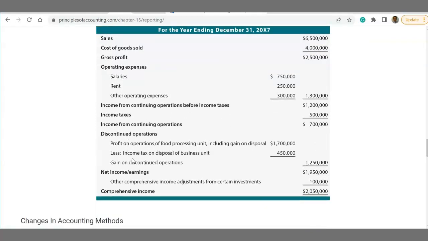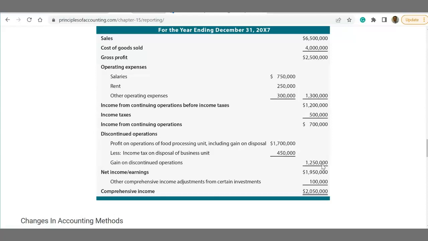Then you have discontinued operation, where you see how much profit or gain you have. Here is a gain on disposal of food processing units, less income tax on disposal of this business unit, because you have a gain, so you have to pay taxes. So less that tax, and then net of tax, it goes here.